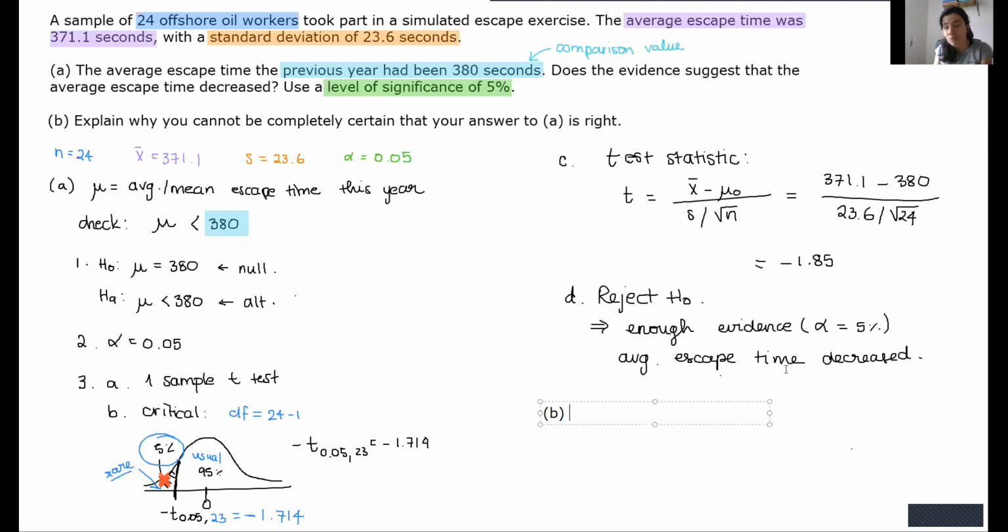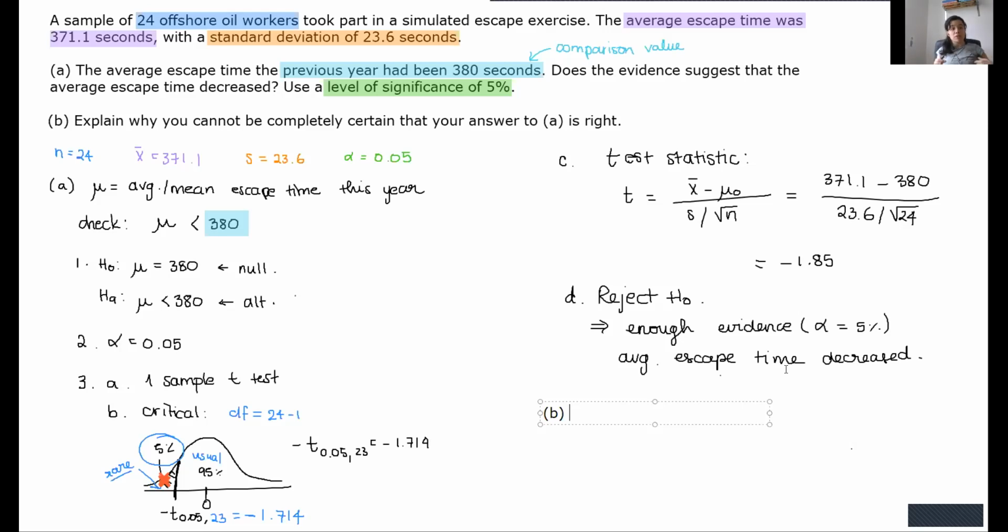If we just happened to choose at random oil workers that were faster at escaping, then our sample, without us knowing, is not as representative of the population, and so our conclusion would have been wrong, our data would have been misleading.